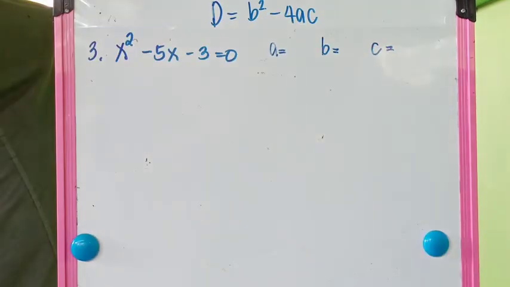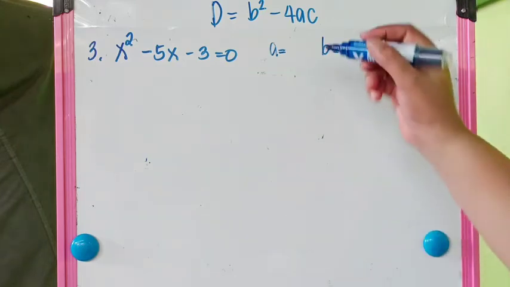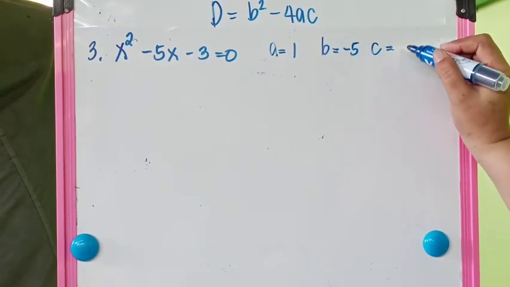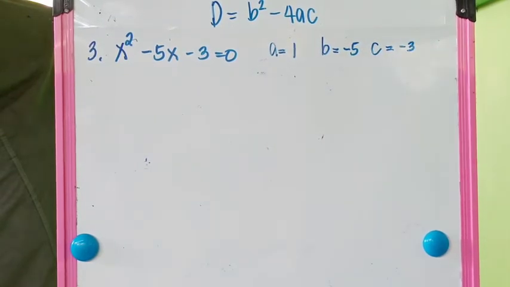Third equation is x squared minus 5x minus 3 equal to 0. In this equation, the value of a is 1, b is negative 5, and c is negative 3.